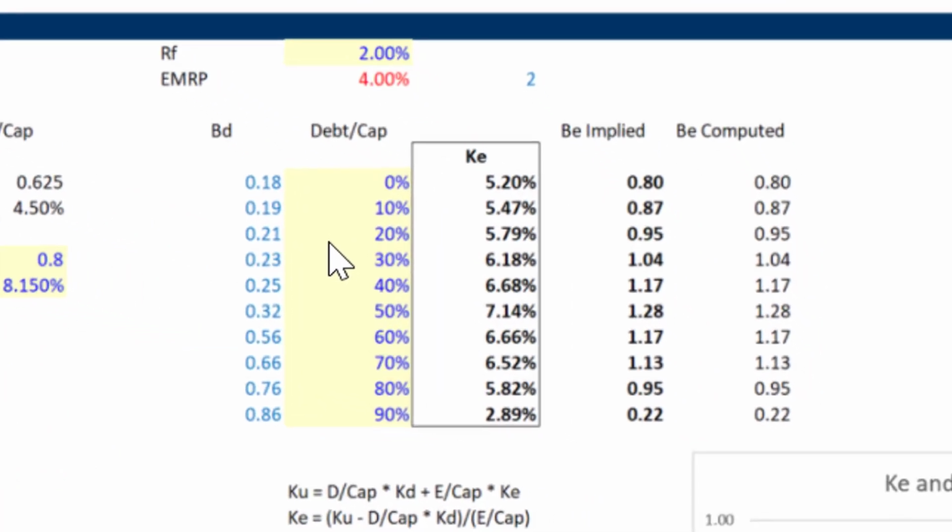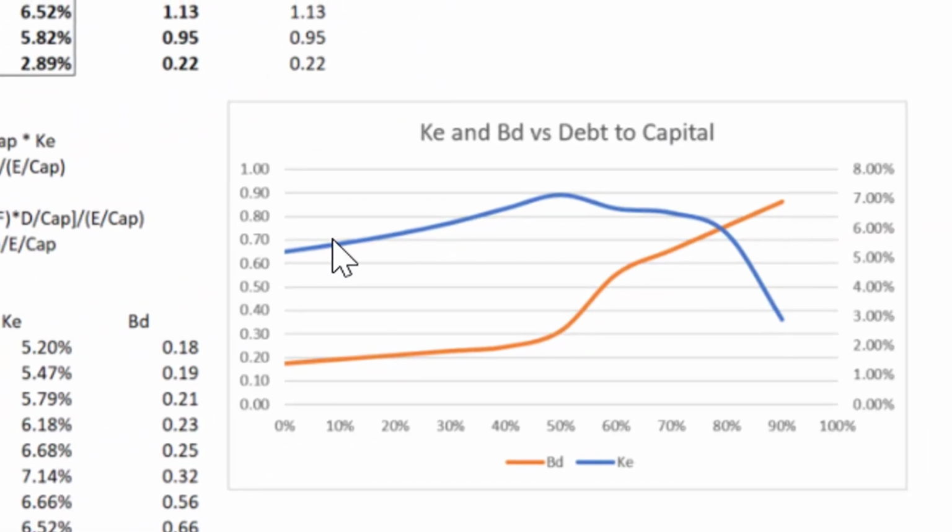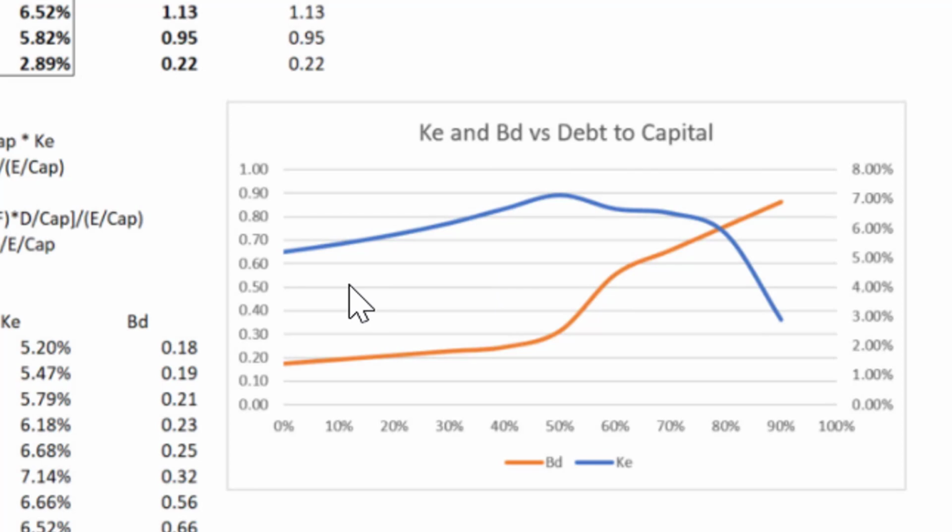And how many times have you ever seen this in the analysis? Because when you do this, the equity cost actually starts to go down. Here's the beta on the debt, and here's the cost of equity, and as the debt beta goes up, the cost of equity goes down simply because the asset beta stays the same, which is kind of right.